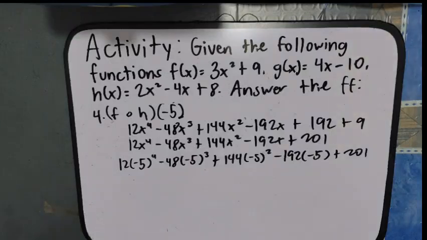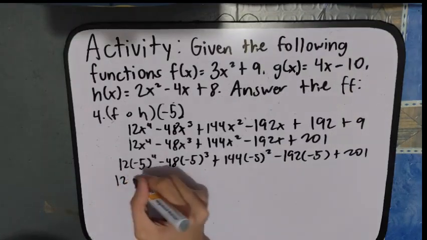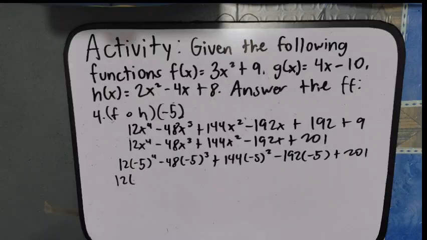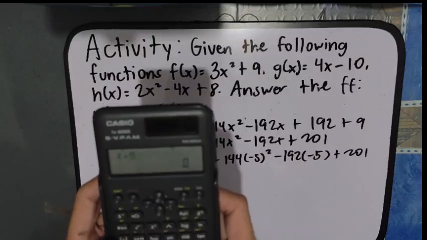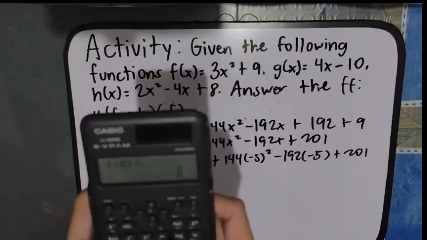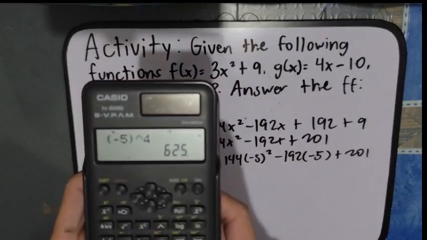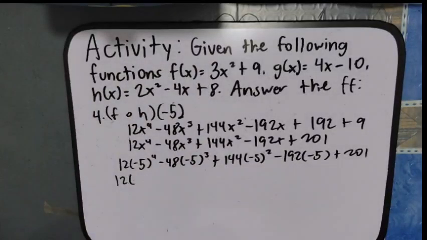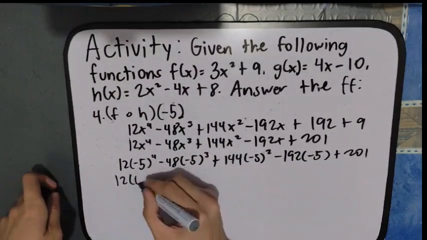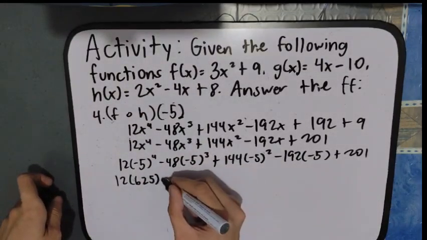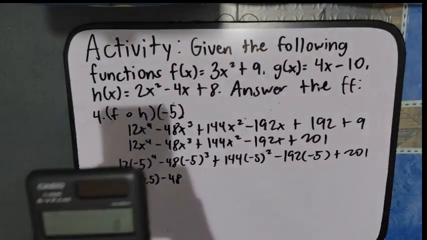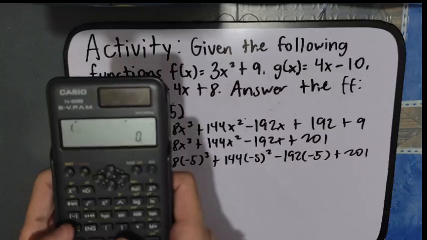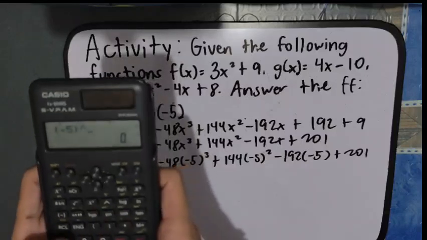Now get your calculator. We will be finding out negative 5. So here negative 5 raised to 4, 625. So we're going to put positive 625 inside, and then next negative 5 raised to 3.